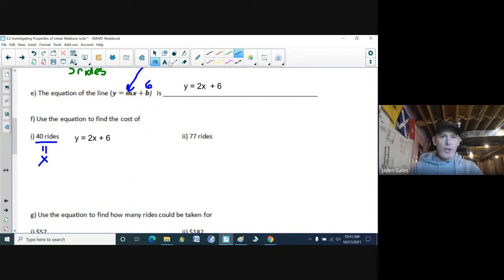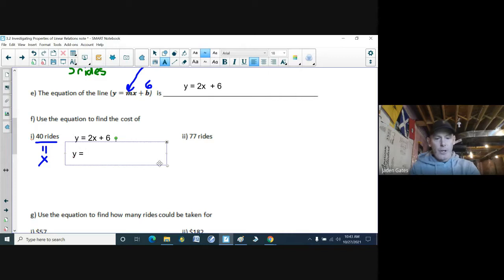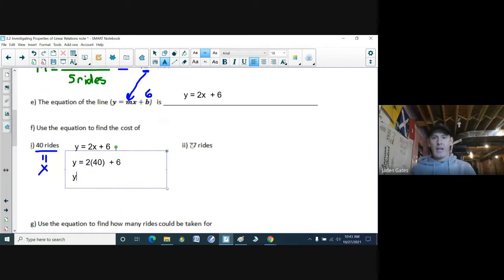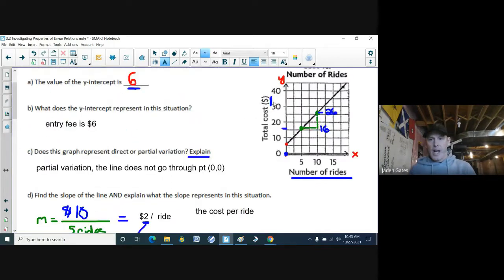So now I'm going to substitute that value in. So I have y equals, we know the x value is 40, so I'll plug that in, plus 6. All right, so the variable's already isolated because I'm solving for y, which if you look on the graph again, the y-axis is the cost.